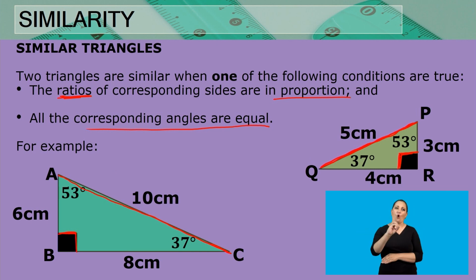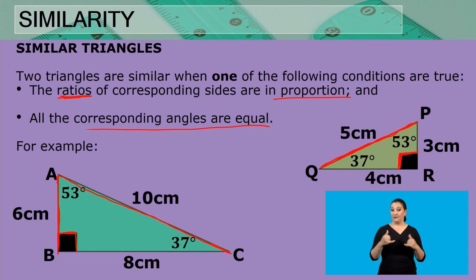Now, when we are looking at triangle ABC, we can see that the smallest side here is AB, and we see that it is the smallest side because of the measurements that have been given to us. So between 10 centimeters, 8 centimeters, and 6 centimeters, the smallest side would be AB because it has 6 centimeters.